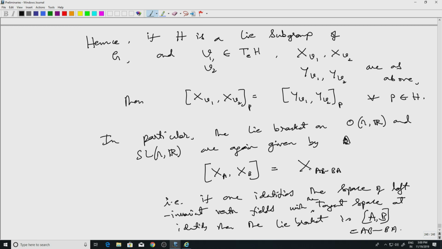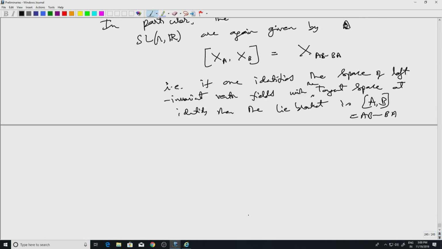So exactly whatever happens for GL(n,R) happens for these. Well, so that concludes our discussion. So this example is the one example which illustrates everything very clearly.